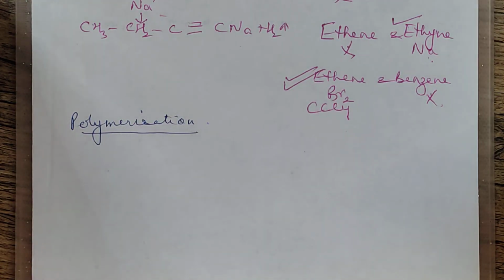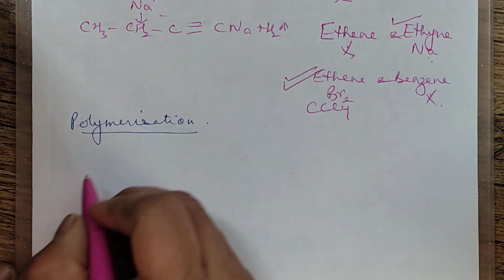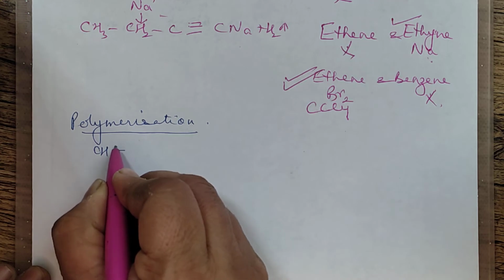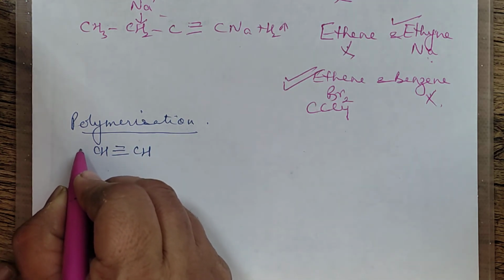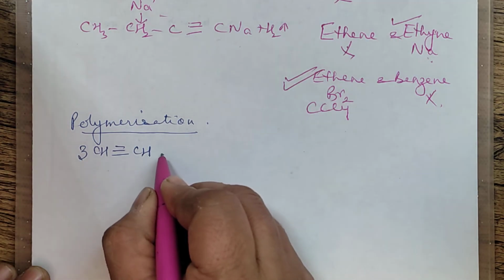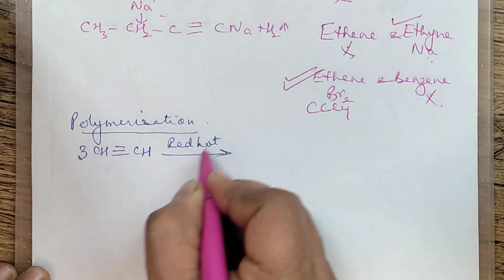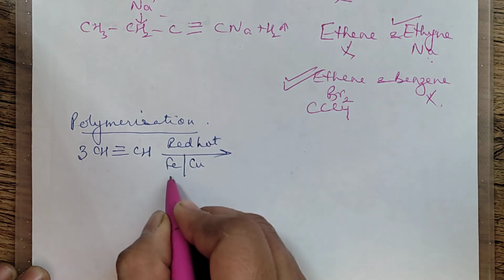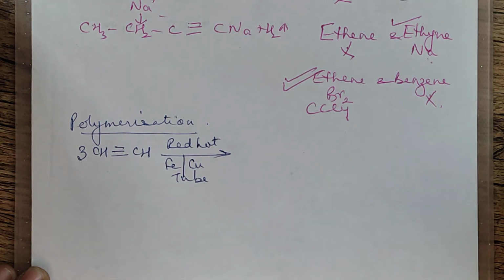Last very important reaction of alkyne, that is polymerization. Polymerization of ethyne. So it is a very, very important reaction, useful in a lot of conversions. So what happens is 3 molecules of ethyne, when they are passed through red hot iron or copper tube, will undergo cyclic trimerization or coupling, we can say.